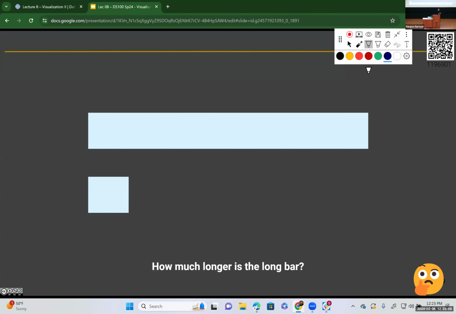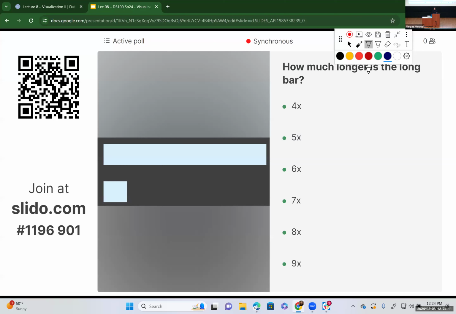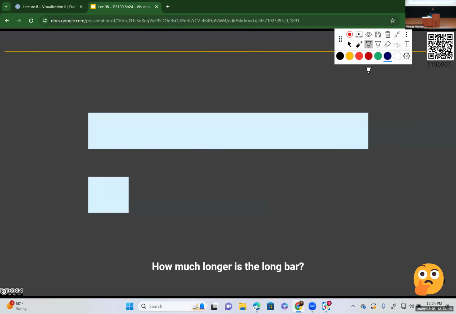So let's practically take a look at whether length is in fact easier to understand than area. Let's do a practice and figure out how much longer the long bar is in this example. I'll let you measure it for 30 seconds and then I'll move on to Slido.